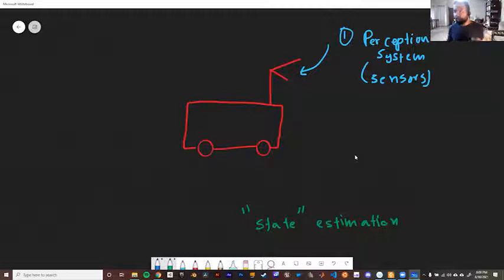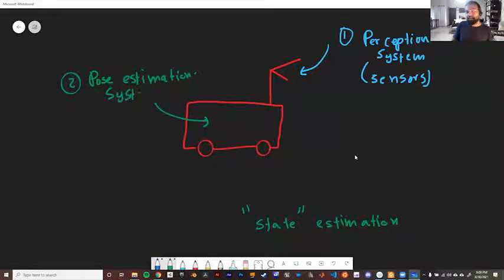So in a robot, one of the most important states that we care about a lot is what we call the pose of the robot, right? So the second subsystem that really matters in a typical robot is what we call the pose estimation system, right? So can someone tell me what this pose is?